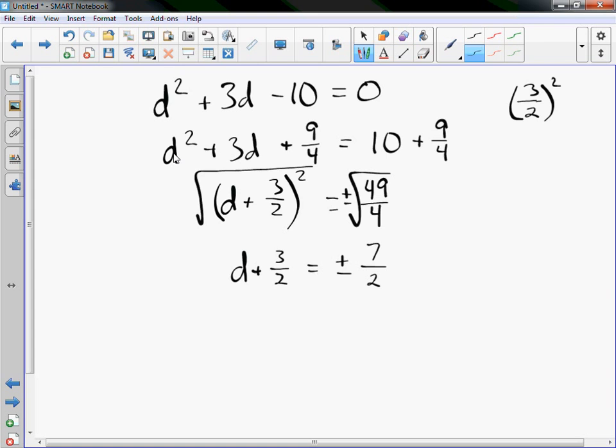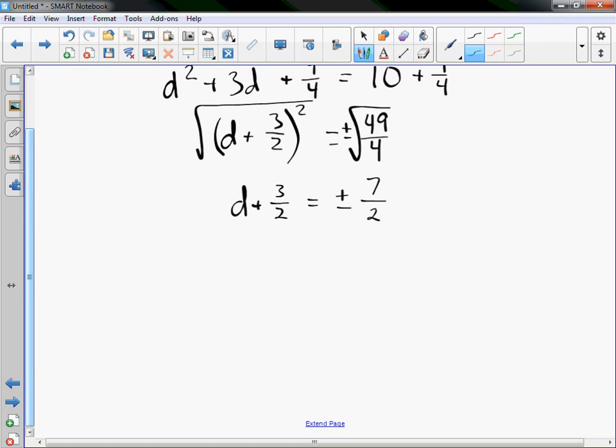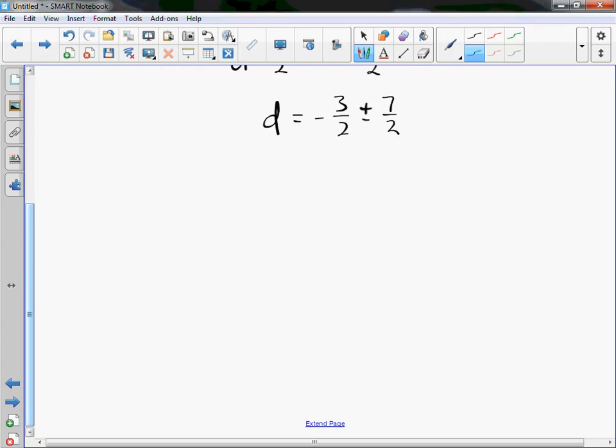And now all you have to do is add or subtract 3/2 from each side. So I have D equals negative 3/2 plus or minus 7/2. Okay? Now just evaluate that. Negative 3 plus 7 is 4/2.